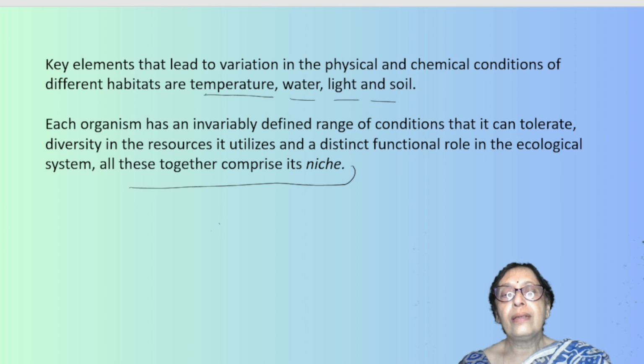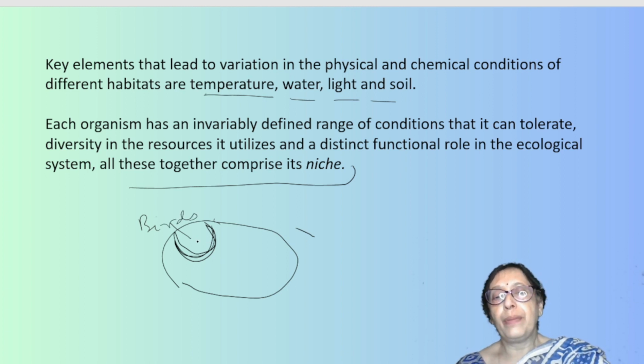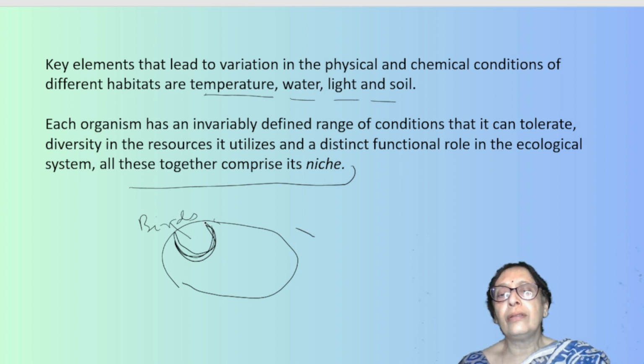So niche is, maybe this is a total environment where a particular area is occupied by the birds, for example, in the tree tops, on the tree branches. And beneath the same tree, in the soil part, the rodents have their niche.